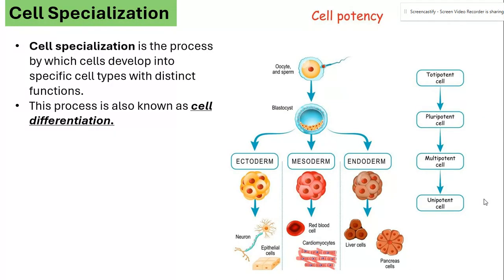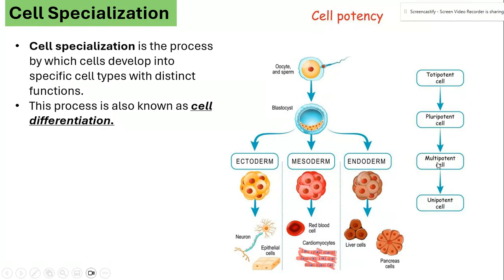Mechanisms of development. Cell specialization is the process by which cells develop into specific cell types with distinct functions. This process is also known as cell differentiation. Oocyte and sperm, blastocyst, ectoderm, mesoderm, endoderm. Ectoderm gives neuron epithelial cells, mesoderm gives red blood cells and cardiomyocytes, we saw muscles, right? Endoderm gives liver cells and pancreas.